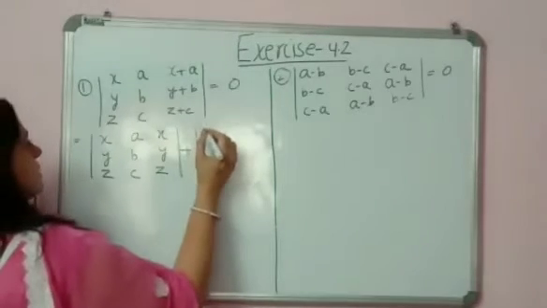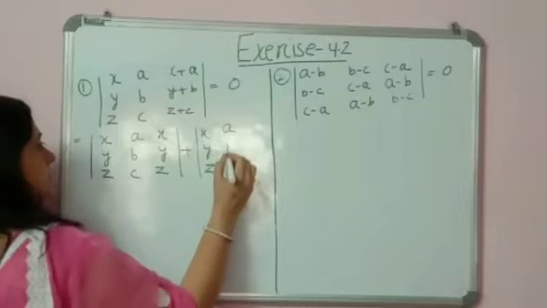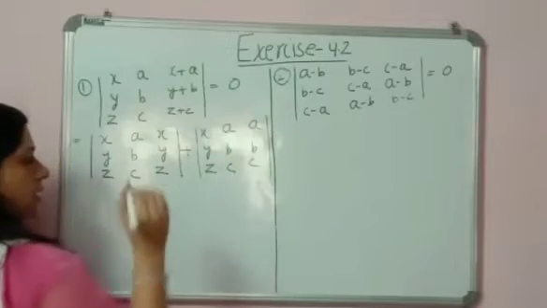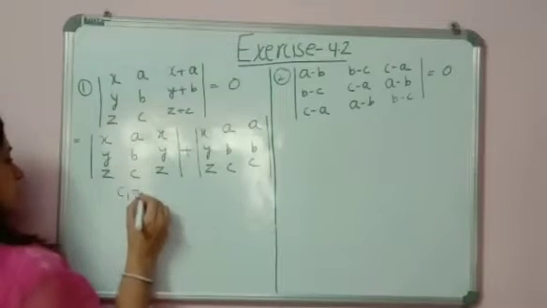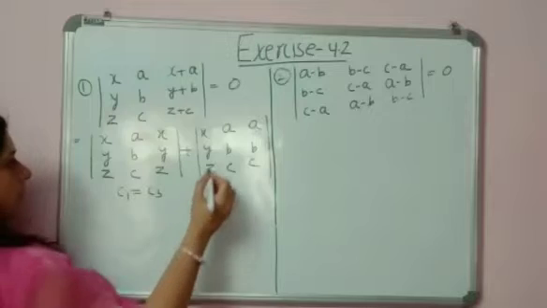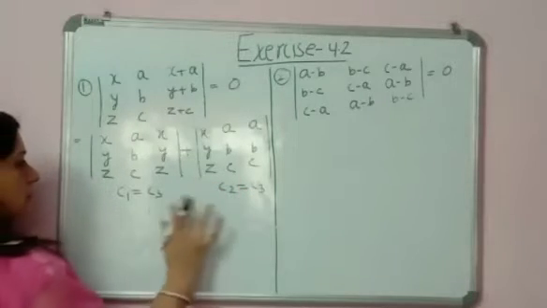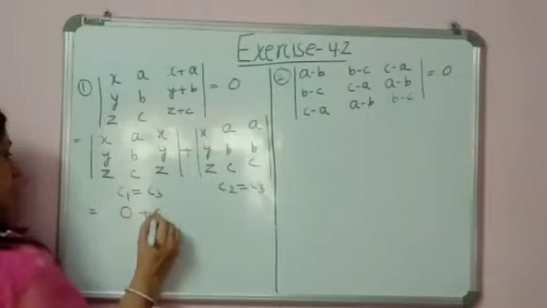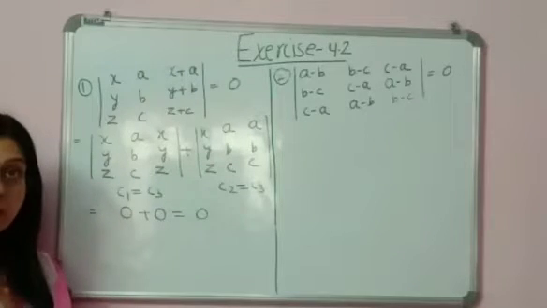Now you can split this column by using the property, that is A, B, C and again A, B and C. Now here you will see that C1 is equal to C3 in this determinant, and in this determinant C2 is equal to C3. So both these determinants will be equal to 0. So it is equal to 0 plus 0 and that is finally equal to 0. Is it clear? So in this way you can prove it equal to 0.